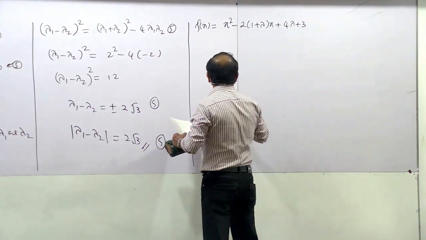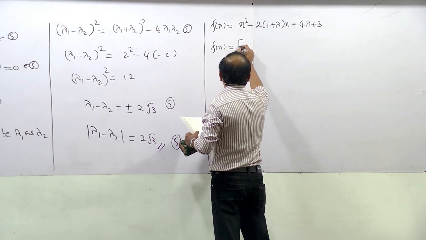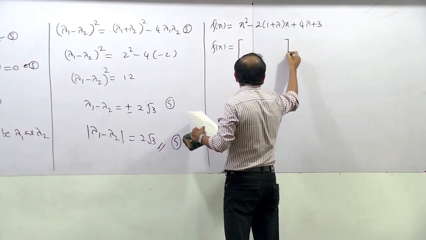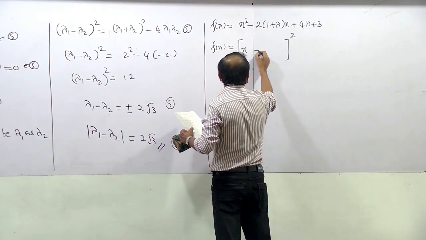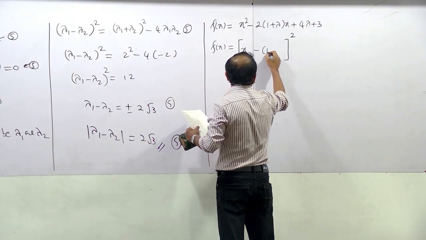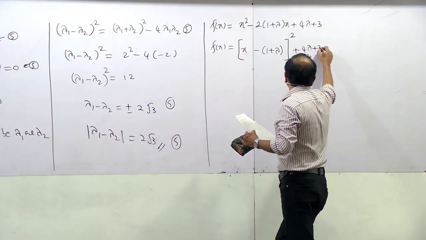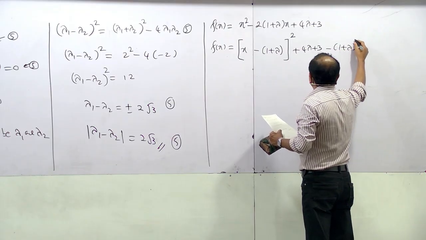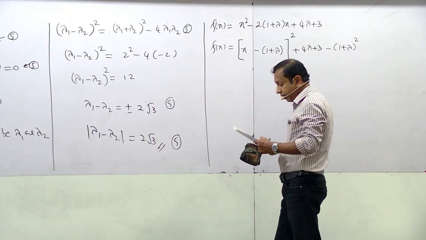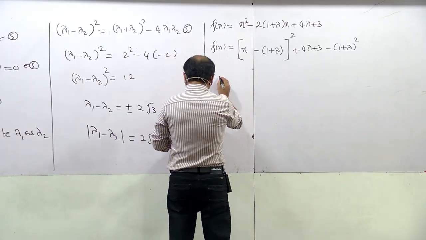Now we are going to complete the square of this fx. We know the steps in completing the square. Put the perfect square of x squared, we put only x, minus, divide this by 2, 1 plus lambda, then 4 lambda plus 3. The perfect square of this we have to subtract now. This is completing the square. Okay, now we can simplify this further.